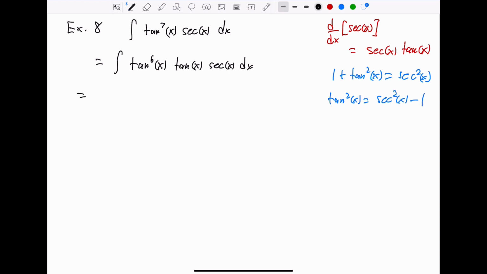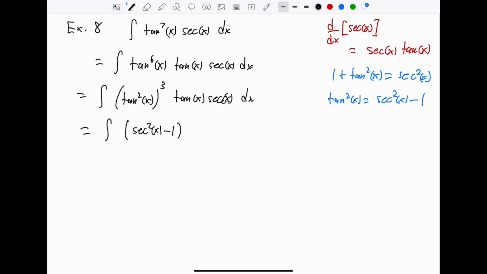So I'm going to take this original integral and rewrite tangent to the 6 as tangent squared cubed times tangent of x secant of x dx. Now, we rewrite tangent squared as secant squared minus 1 quantity cubed times tangent x times secant of x.